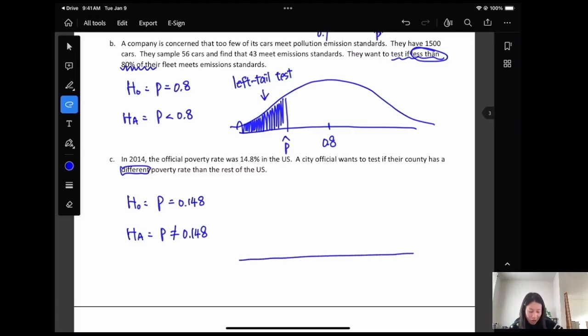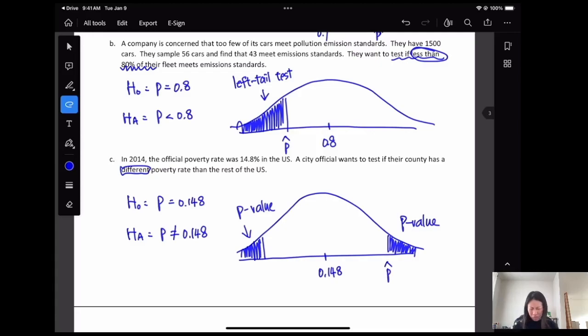So that means when it comes to the sampling distribution, we're looking for the p-value on both ends, so either greater than or less than. This part is very special because this is a normal distribution, and for a normal distribution everything is symmetric.